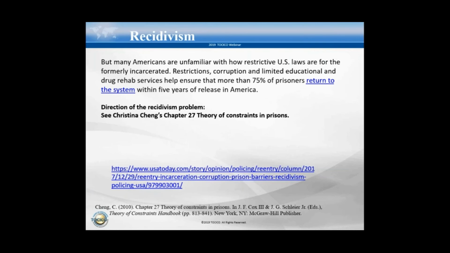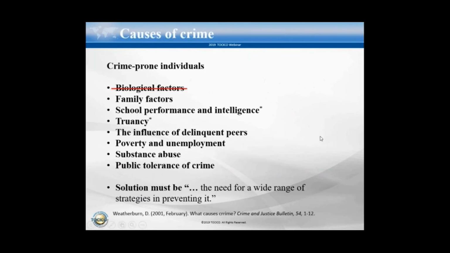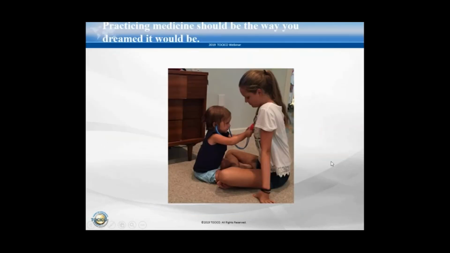I think she really understands the buy-in process and the difficulty in these types of environments where you need people to buy in. Excellent work there. And that's my hypothesis. In my lit review of this, these are some of the factors: criminal-prone individuals and what causes that. So I tried to address that.